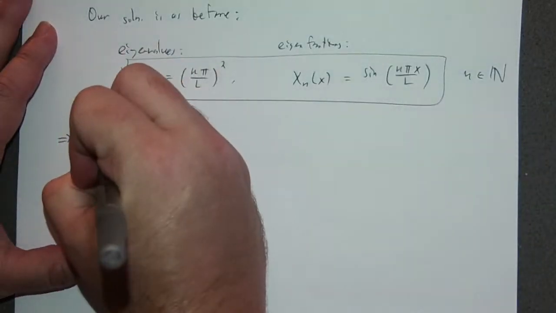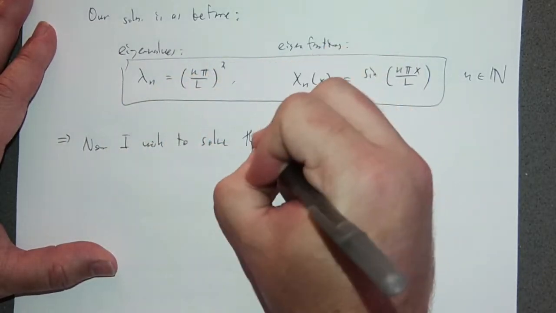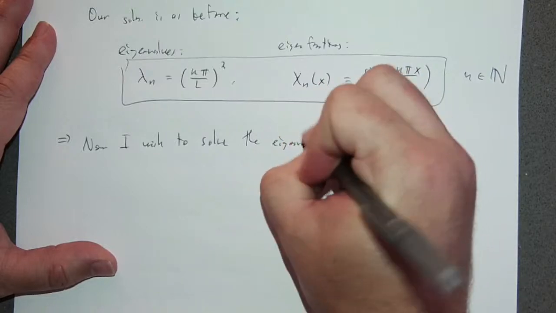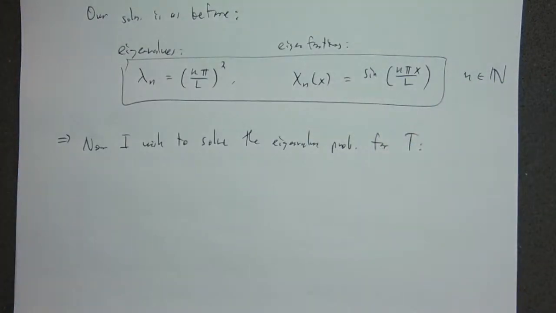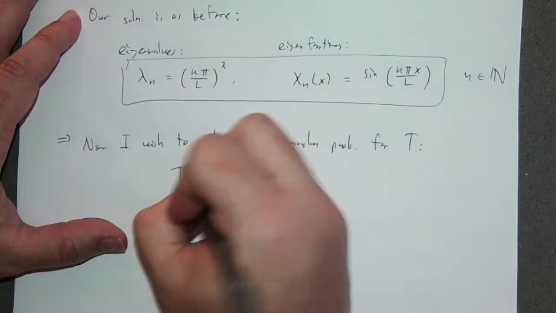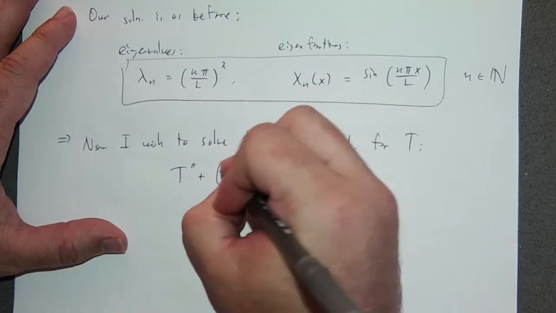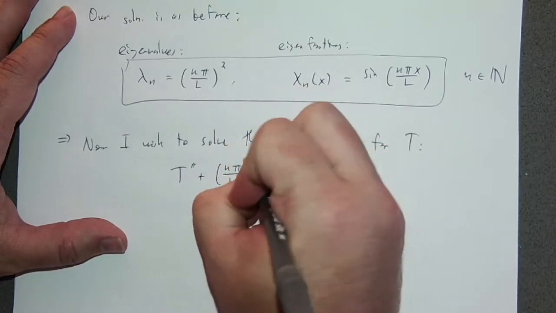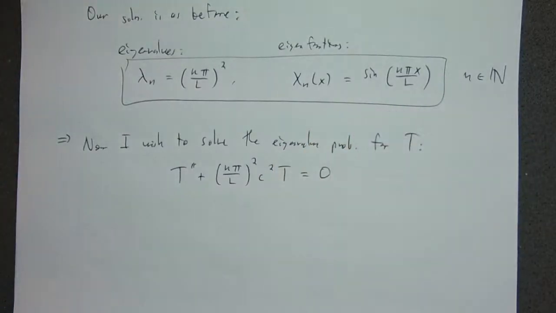So now I wish to solve the eigenvalue problem for t, which is t double prime plus lambda, now this thing, so it's n pi over L all squared times c squared, t equals 0, right? But how do I solve this?